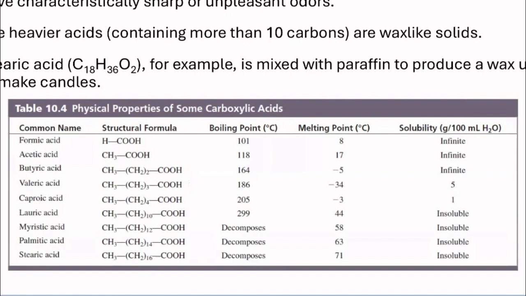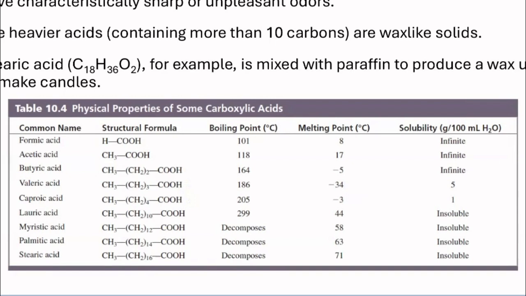What we observe is that as carboxylic acids increase in the number of carbons, we see an increase in boiling point. And overall, when we look at their melting point, we see a decrease. But let's note, the minute you jump from 5 carbons to, for example, 6 carbons, that trend is broken.